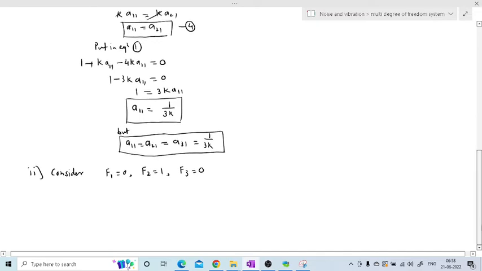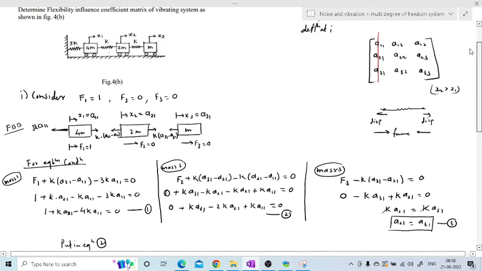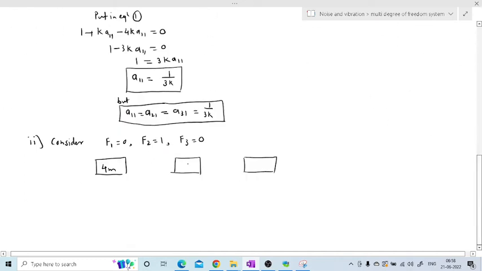So the first mass is 4m, then the second mass is 2m, and the third mass is m. Now show the forces: F1 is equal to 0, F2 is equal to 1, F3 is equal to 0.